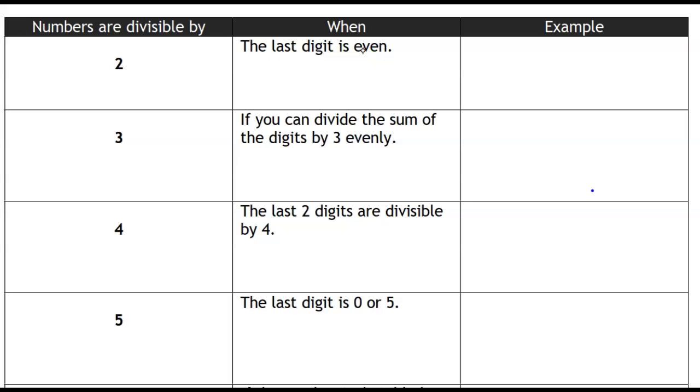So examples of that would be any number that ends in 2, 4, 6, 8, and let's not forget 0. So 1,440, 256. As long as the number ends in an even value, then it is divisible by 2.